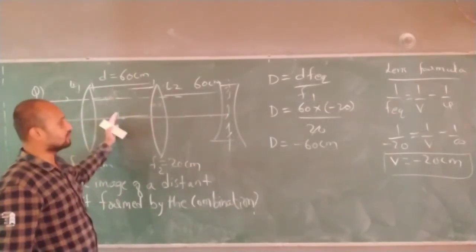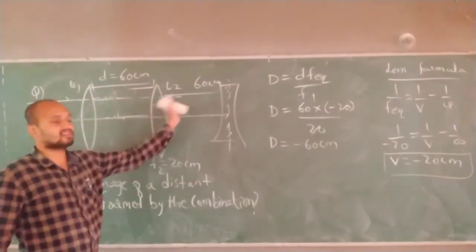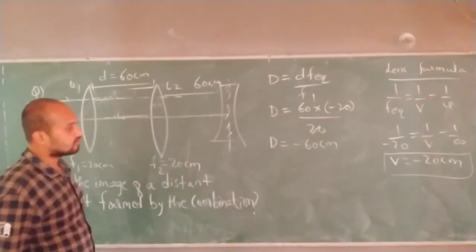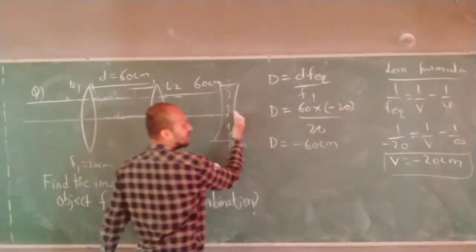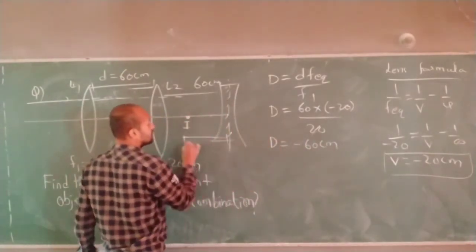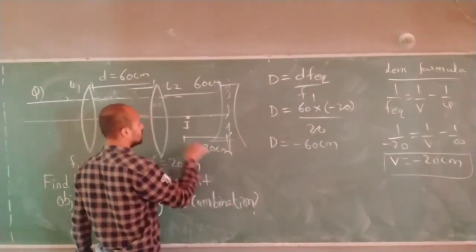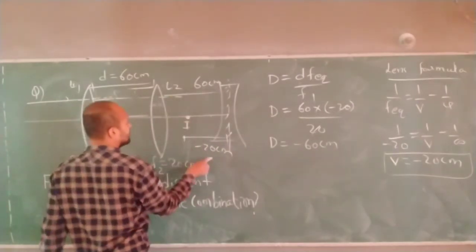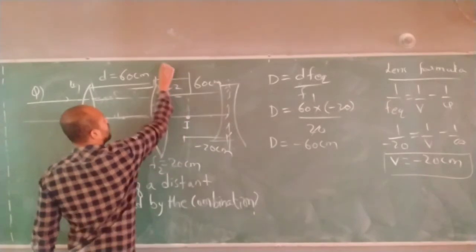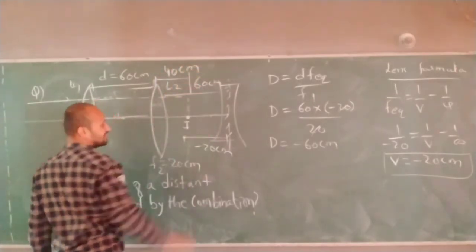Plus 60 means here, minus 60 means this side. From here the final image is produced at minus 20 centimeters. So this is 60, this is minus 20. From the second lens, the image formed is 40 centimeters.